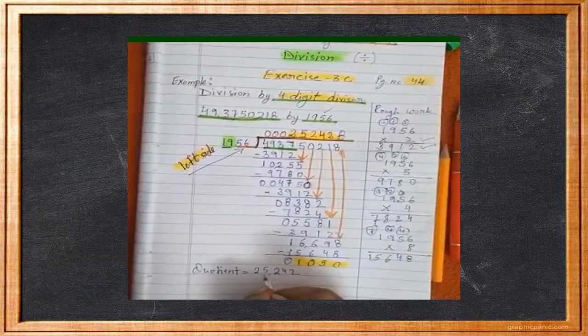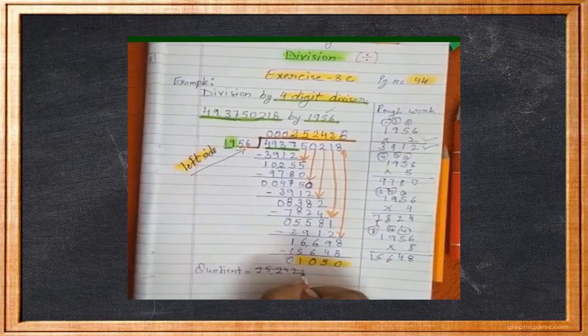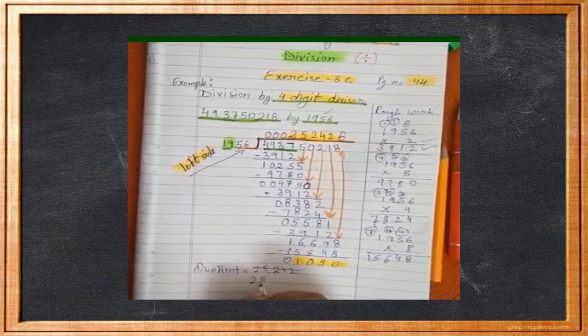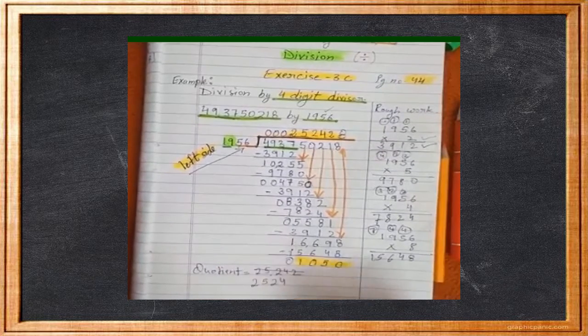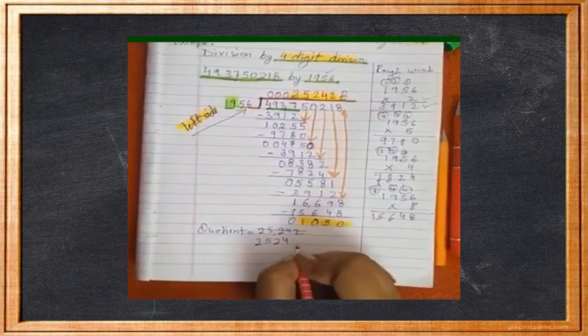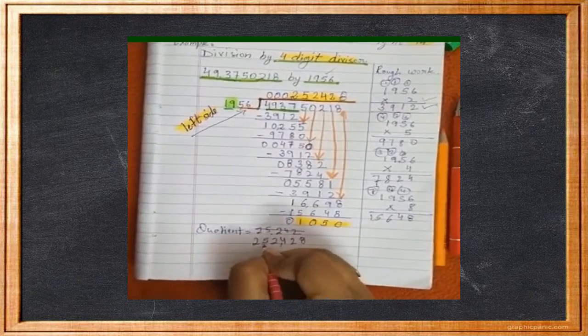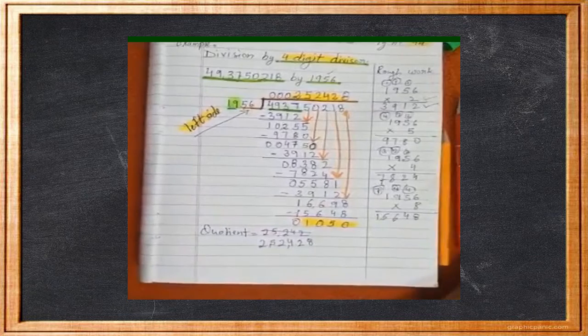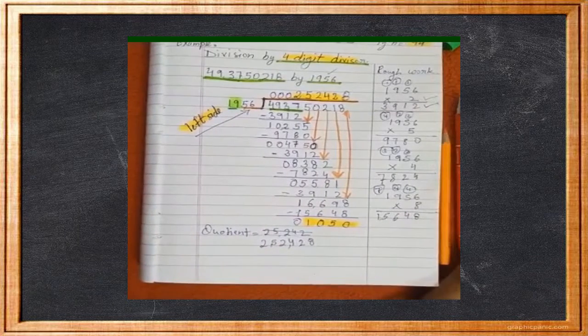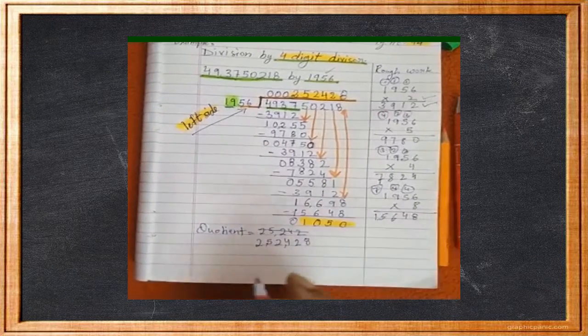Yes, so your quotient will be, I am writing it again children, 2, 5, 2, 4, 2, 8. Put commas. 2,52,428 is your quotient.